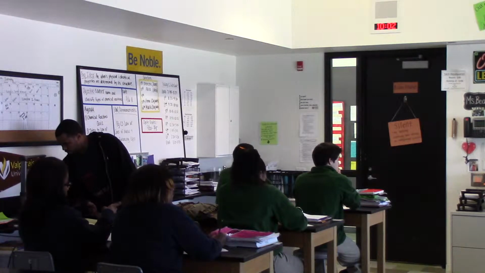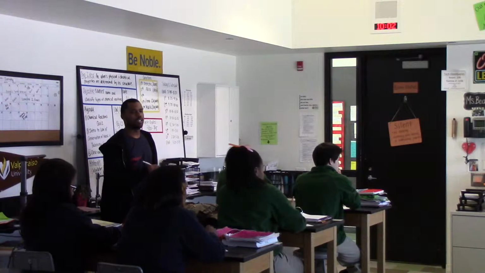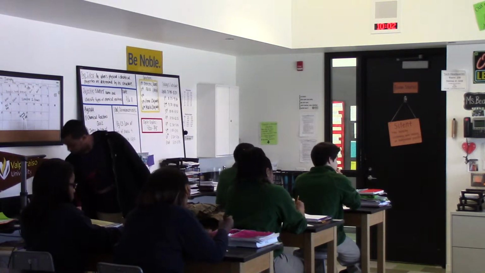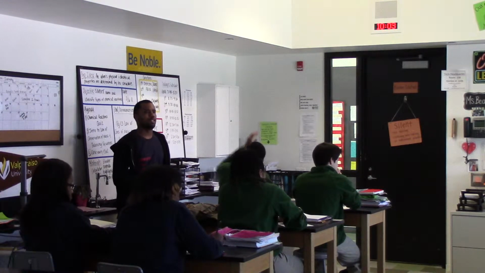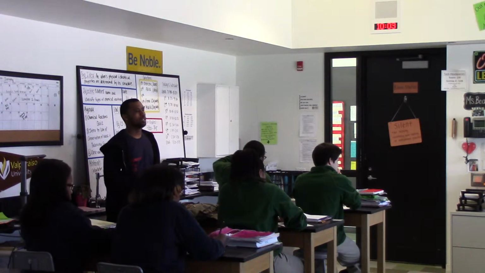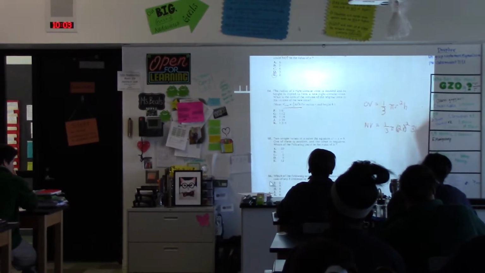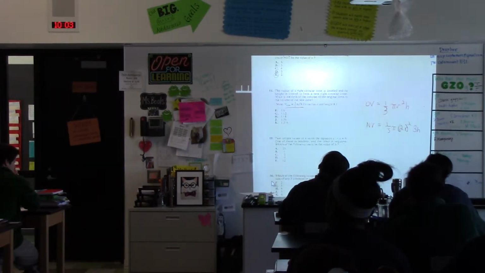Now, what did they say happens to the radius? Autumn. It doubles. So instead of r, we should put what? 2r. What's happened to the height? Michael. It tripled. So what should it be? 3h. Now, when we square 2r, what do we get?